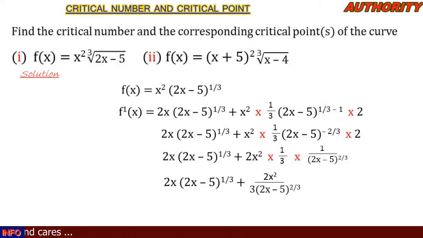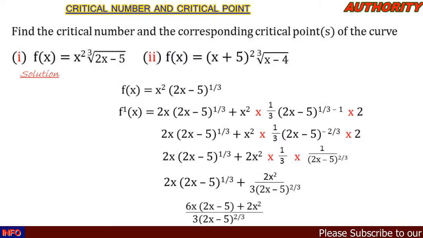Here we are having a fraction. We can combine this together. If we want to combine this together, I'm going to look for the LCM. What is the LCM? LCM is 3 (2x minus 5) raised to power 2 all over 3. So when you combine this, we're going to have 6x (2x minus 5) plus 2x squared.